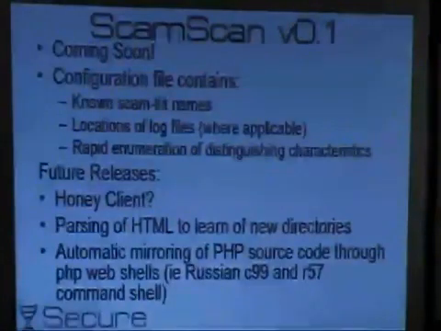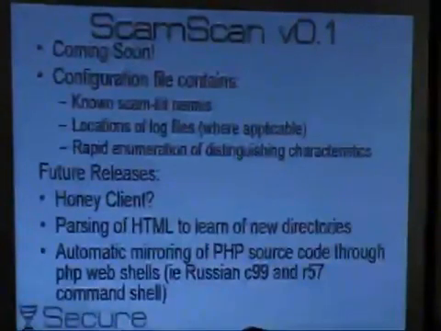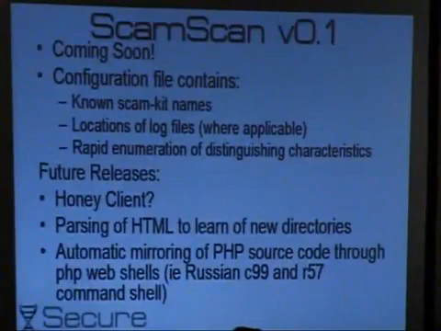So the idea of Scam Scan is we have a lot of future ideas, and then we have the basic thing that we're using now, and it's been pretty successful in some of our investigations. It's basically a Perl script with a configuration file where you can put in known scam kits. As you're investigating and you find a scam kit list, you can start adding those in.